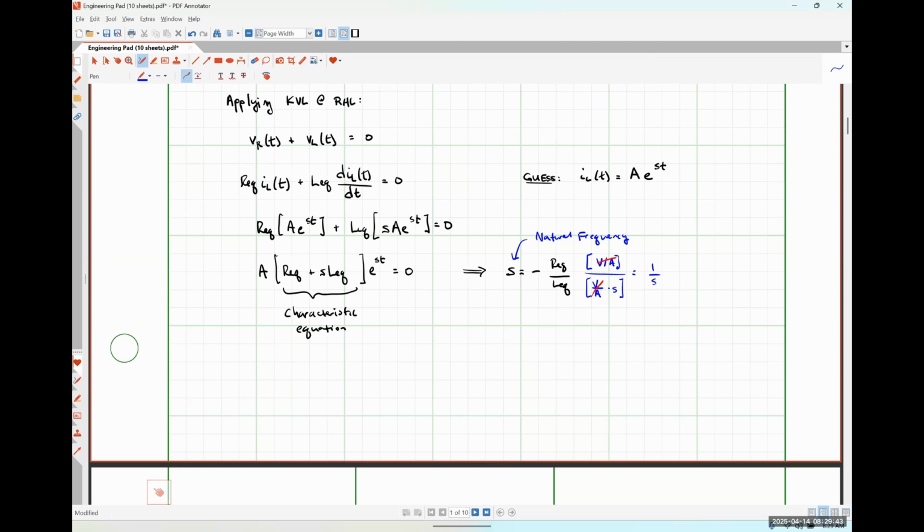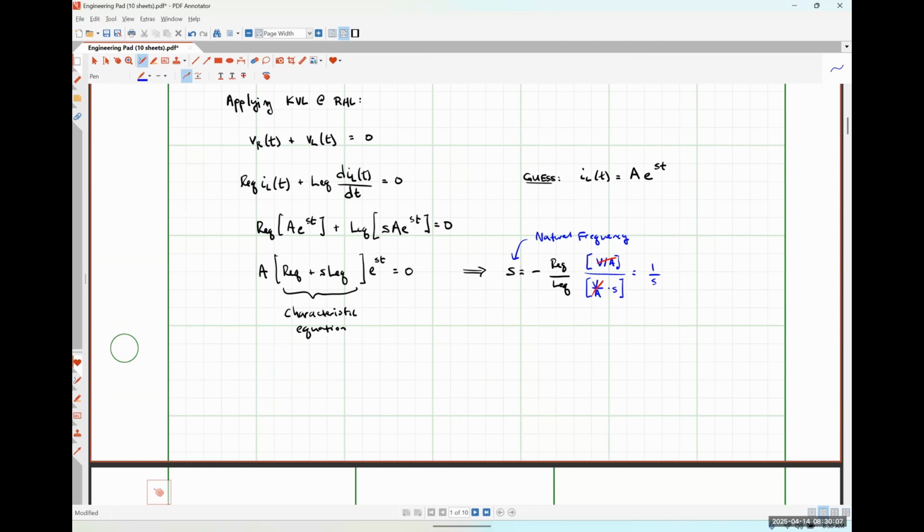So it's the natural frequency because it's describing what's going on when we don't have any form of external excitation, right? We disconnected that current source at the very beginning. And so this is how our RL circuit naturally behaves in the presence of no external excitation, okay?